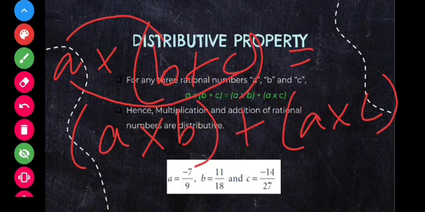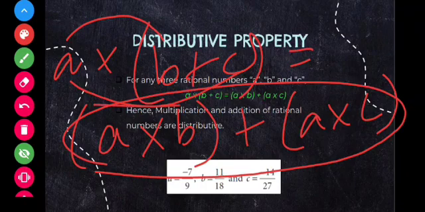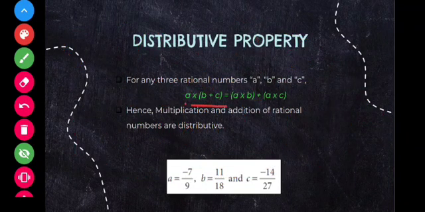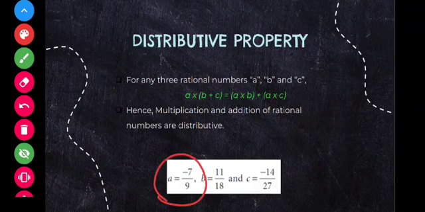You multiply a and b first and then you multiply a and c. So both sides the answer will be equal. That is what the distributive property tells. A into b plus c will be equal to a into b plus a into c. So let's prove this by taking an example. Let's take a as minus 7 by 9, b as 11 by 18, and c as minus 14 by 27.